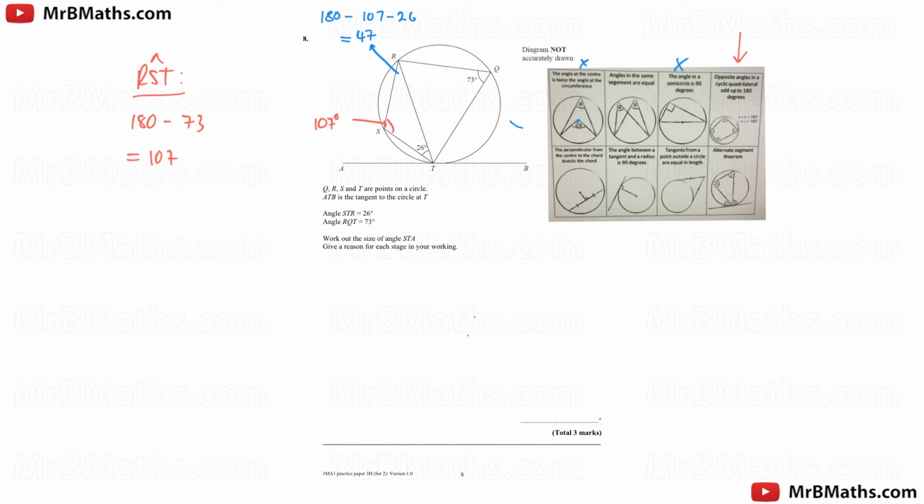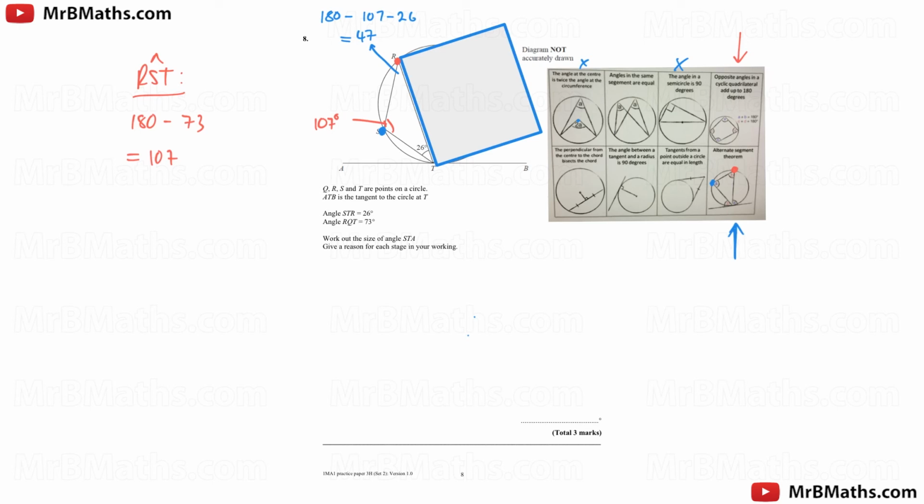Right, so if I block this section out, just so that I can see this part of the triangle, and compare that now with the alternate segment theorem, this part here would be represented by this part here, and this part here represented by this part here.